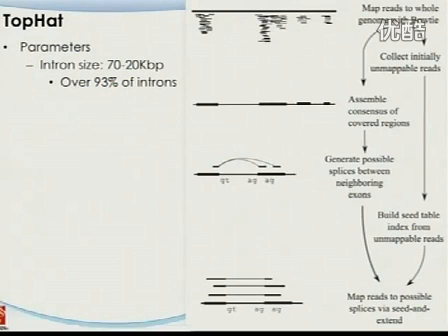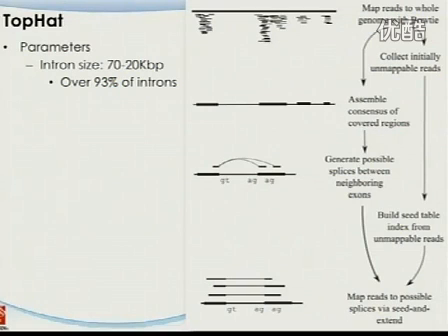Okay, so this is TopHat. Let's quickly go through it, and actually it's very straightforward. You map your reads to the whole genome with Bowtie, and then this is your result. You see the clusters, and the next step is you assemble the aligned reads here, assembling the consensus of covered regions.